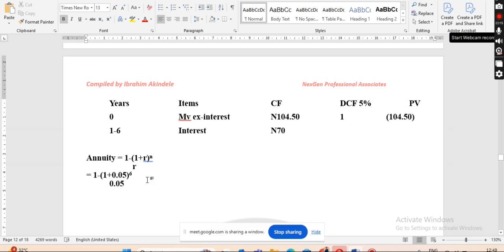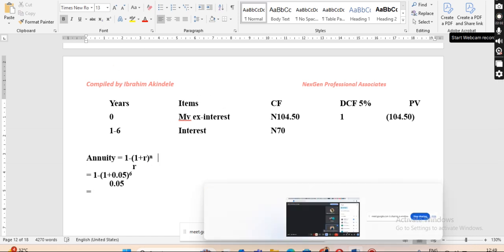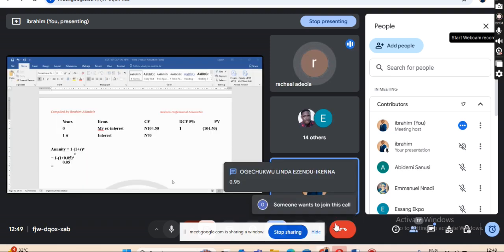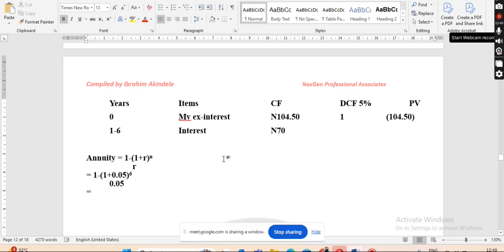So our final figure equals what? What is the figure, please? Someone says she got 5.006. Please give me the figure so that we can move on.